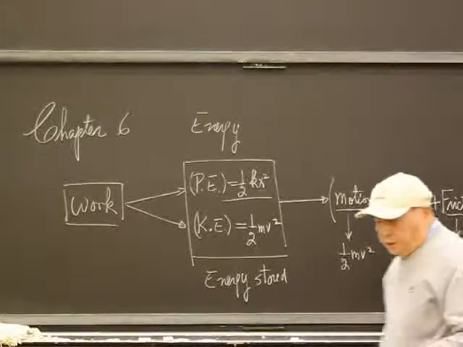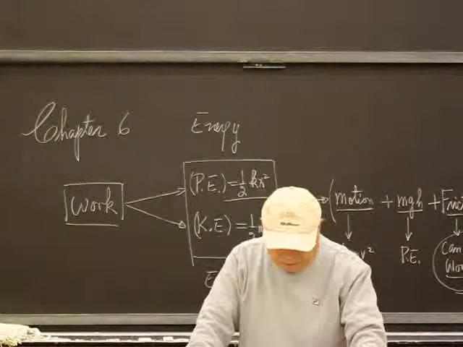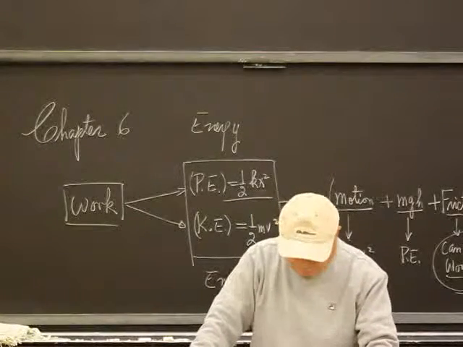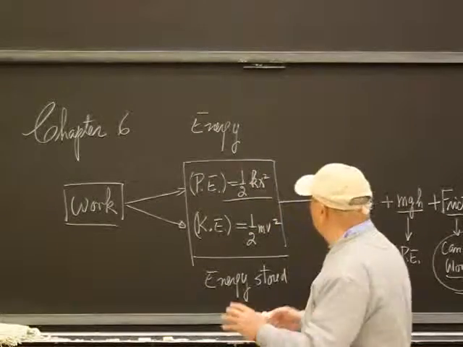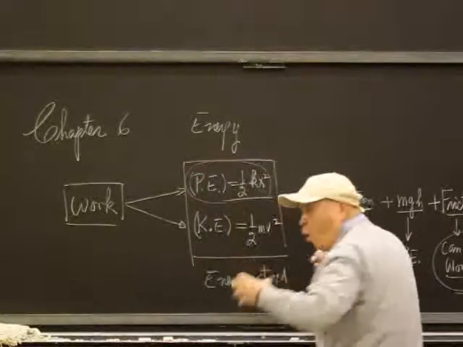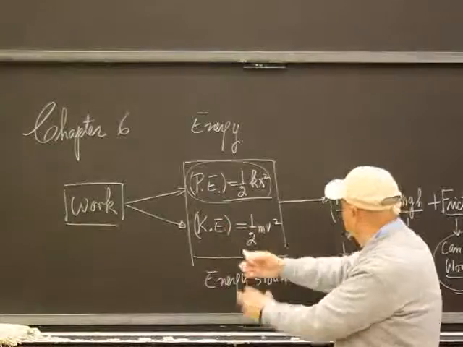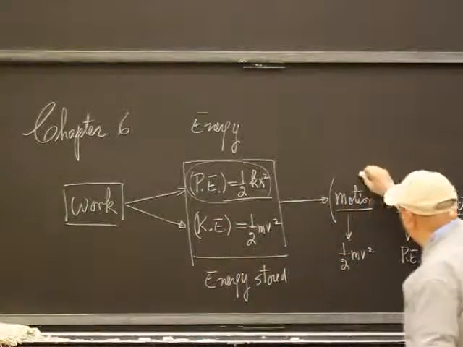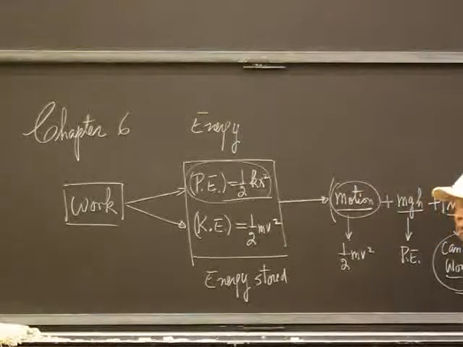In this case, it is number 53, chapter 6. Number 43 has a potential energy stored in the spring. And when you release it, it creates motion, in which case it is kinetic energy.